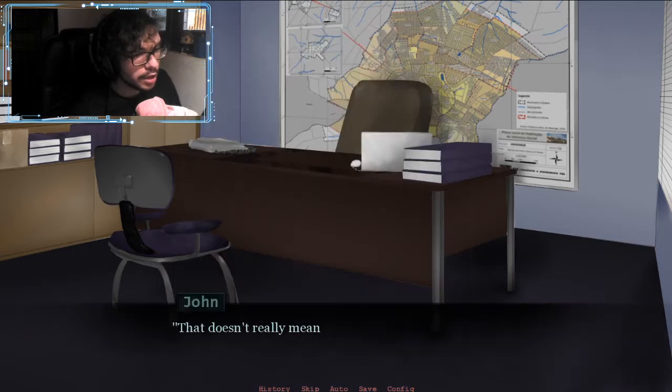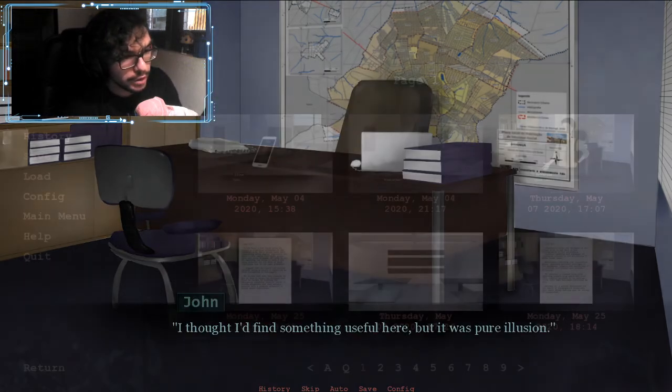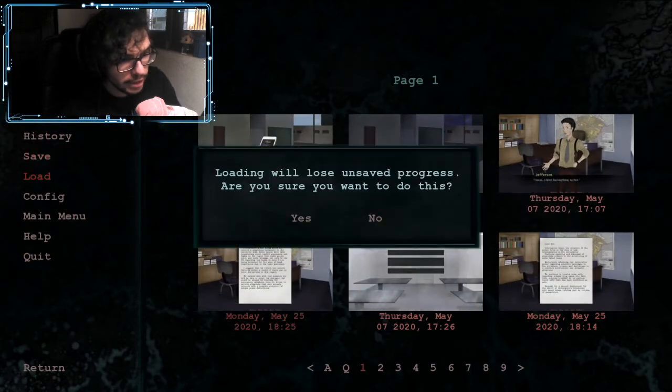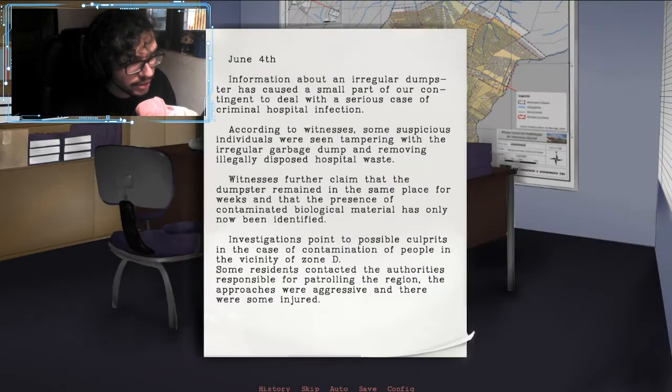Tampering with irregular nothing to me. Nope, it was pure illusion. Alright, well there we go. Pure illusion, guys. Nothing there.